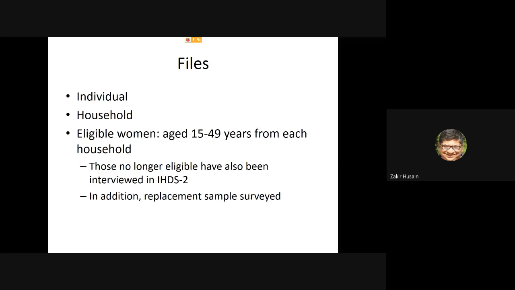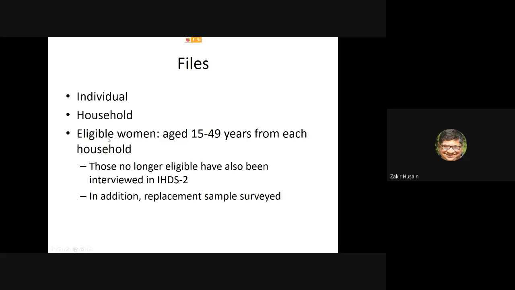So the problem with IHDS is, compared to let us say NFHS, NFHS has a detailed structure which more or less remains the same across countries and over rounds. But in case of IHDS, you will find that in some cases some information is over here, and in the next round, it is given over here.